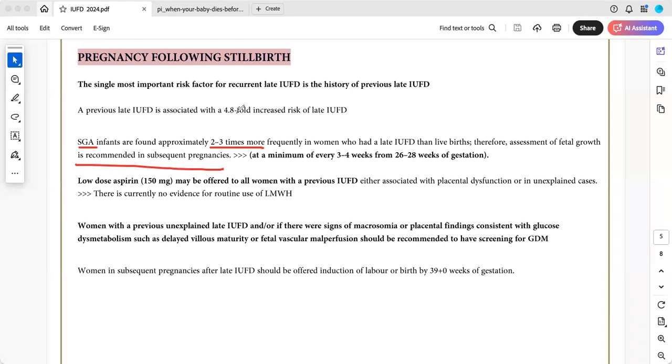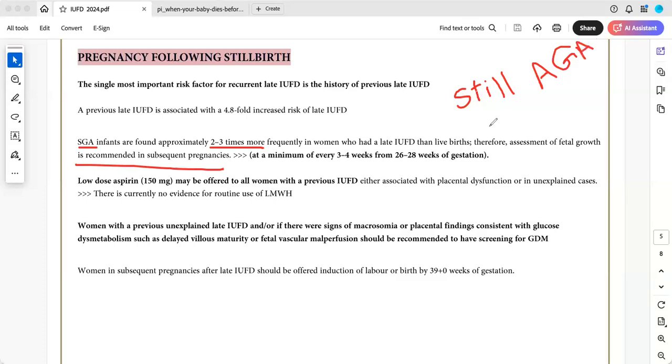Is it a minor risk? Is it high risk? If the baby who died of stillbirth was appropriate for gestational age, this is a moderate risk factor, correct?